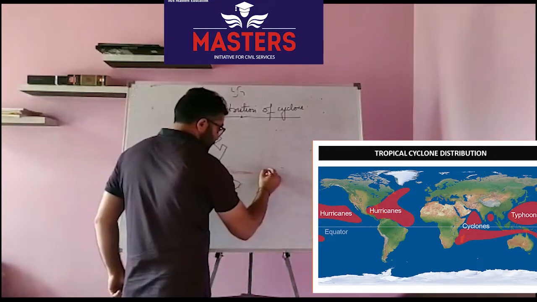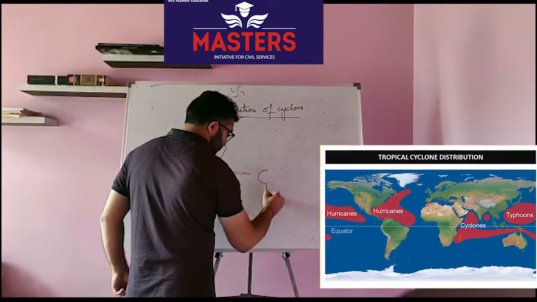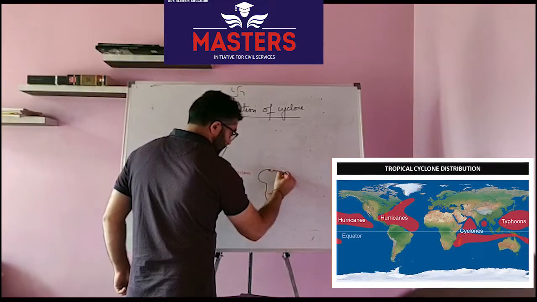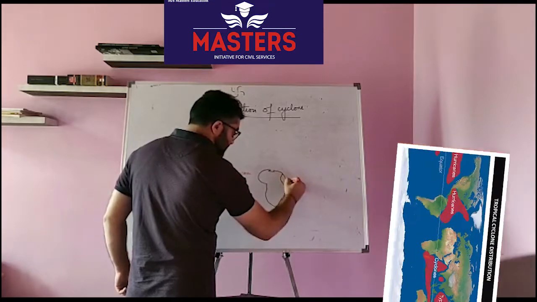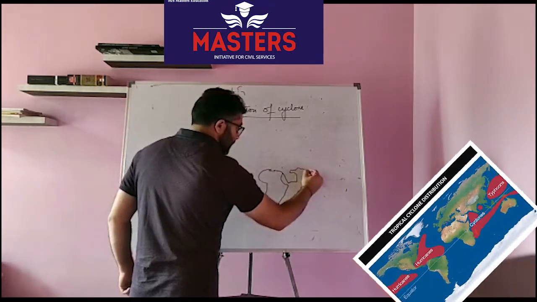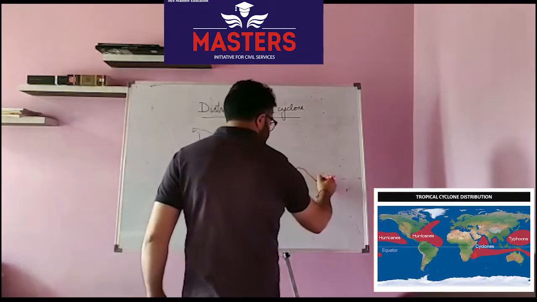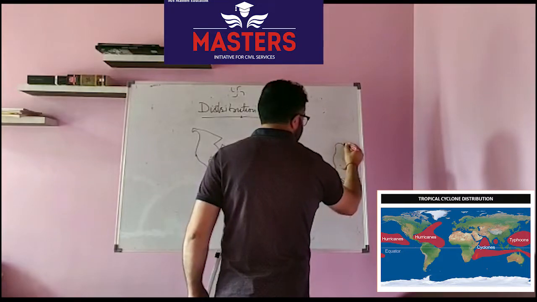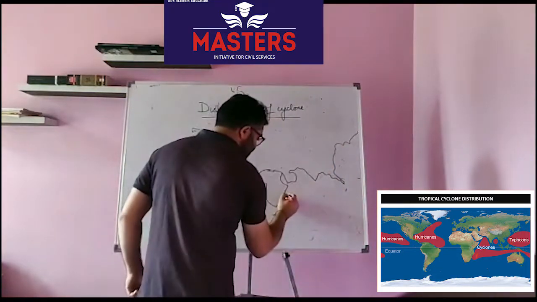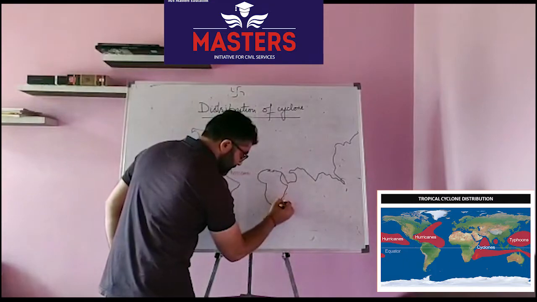Then the eastern part of the Indian Ocean, the eastern part of Australia, in the Indian Ocean region, cyclones do originate. This is another region of cyclones.